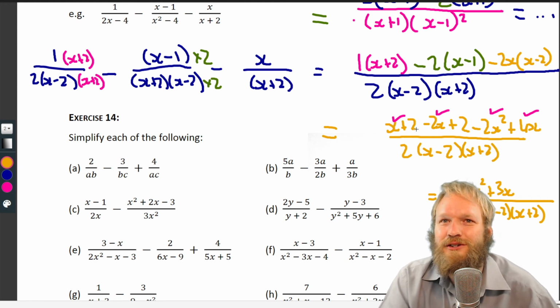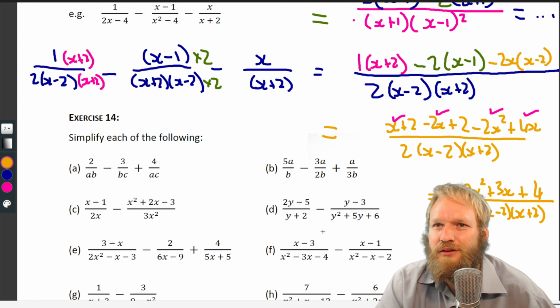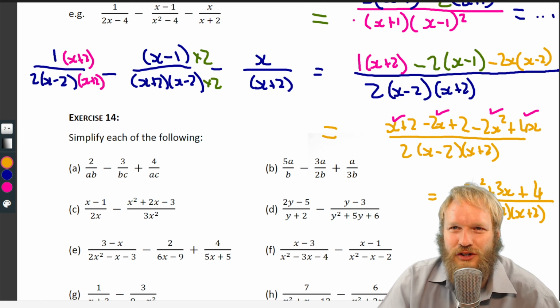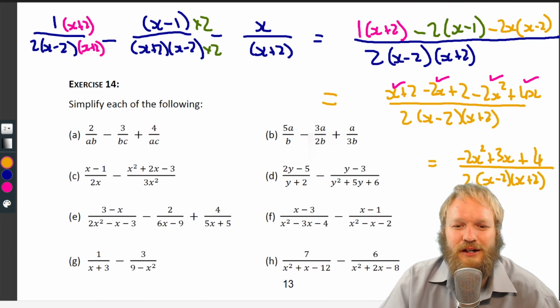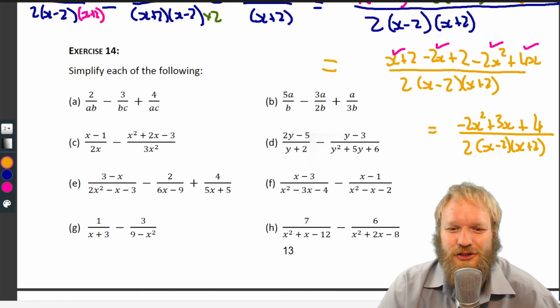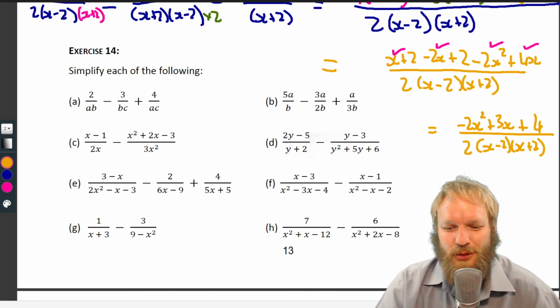And our last bit was 2 plus 2 is plus 4. I don't think we can factorize that nicely, because this is the thing to check. If you factorize this, would it simplify with the denominator? So let's just have a quick look. And as I check with my head in the way, right? I don't know. I don't think that factorizes nicely, but I'll leave it to you to maybe triple check that.